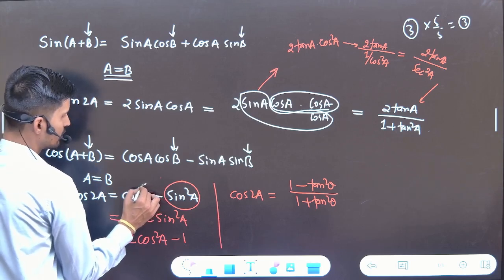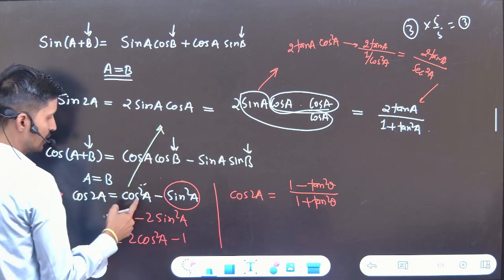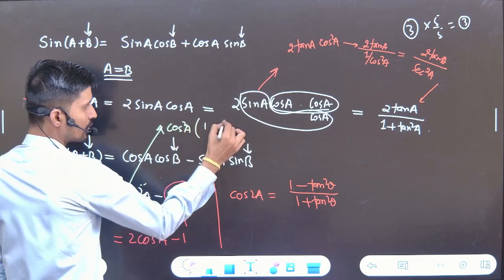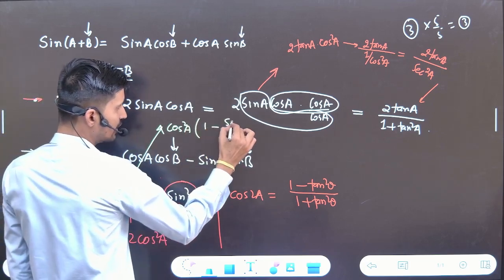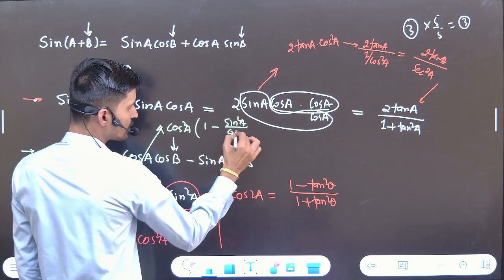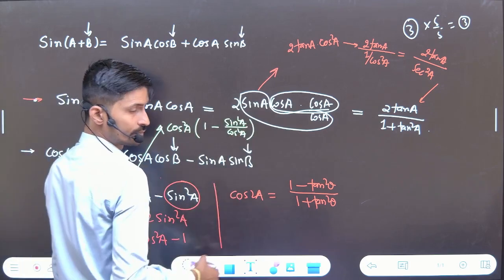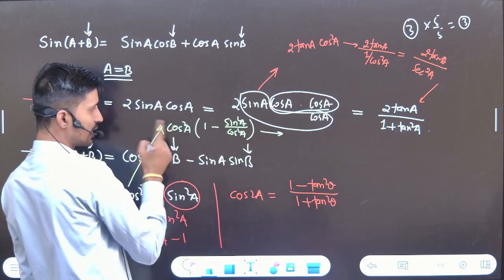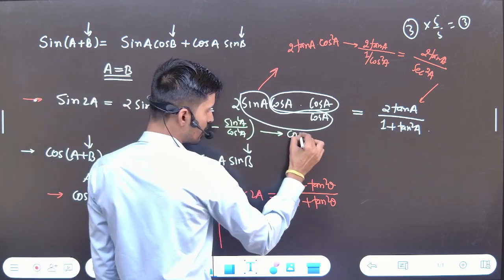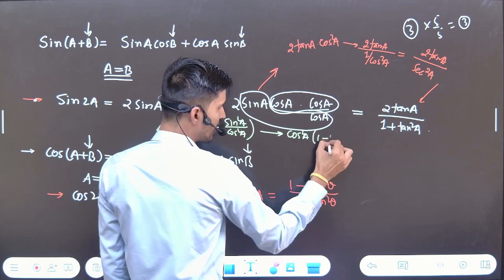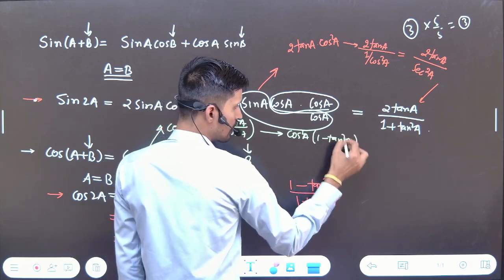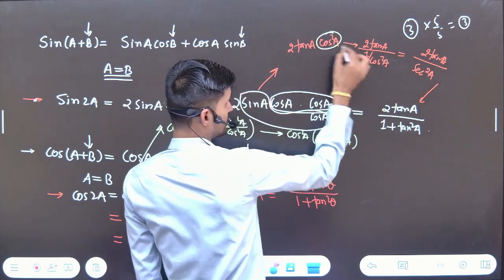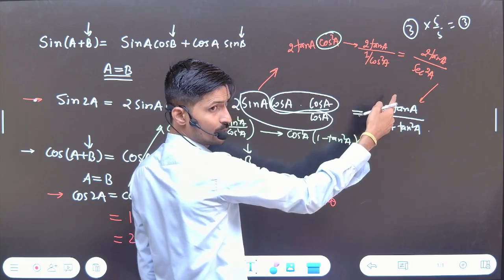From here, I will take cos²A common. 1 minus sin²A by cos²A becomes tan²A, and this is cos²A. What will this become? Cos²A times 1 minus tan²A. Again, you saw this cos²A. How did I write 1 upon cos²A in the denominator?